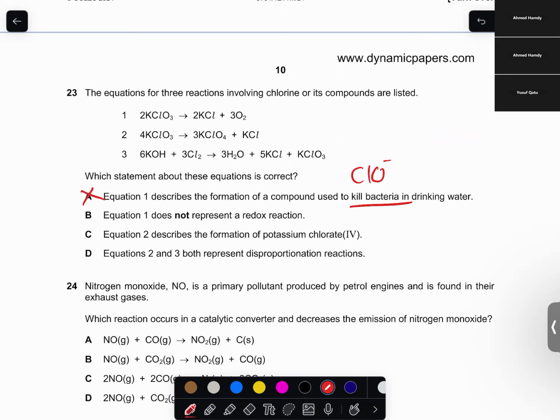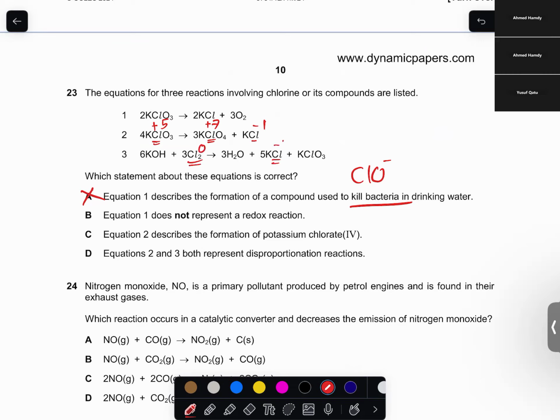Equation 1 doesn't represent a redox reaction. Here the oxidation state of chlorine is plus 5. And here the oxidation state of chlorine is plus 7, and here minus 1. So it's a redox reaction because chlorine increases and decreases. Here the oxidation state of chlorine is 0.